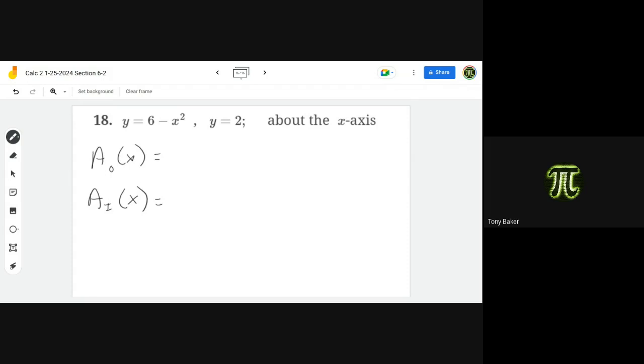If x is 2, 6 minus 4. Yeah. You're missing an answer. What's the other one? Negative 2. Right. Now you have your 2 endpoints.